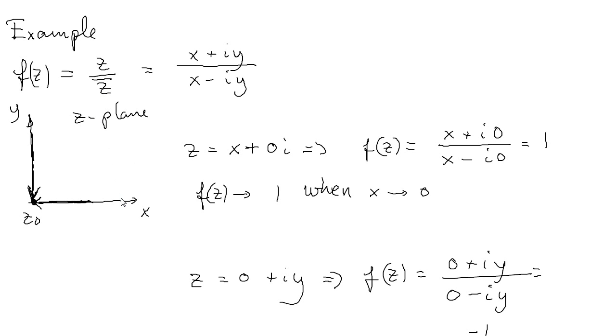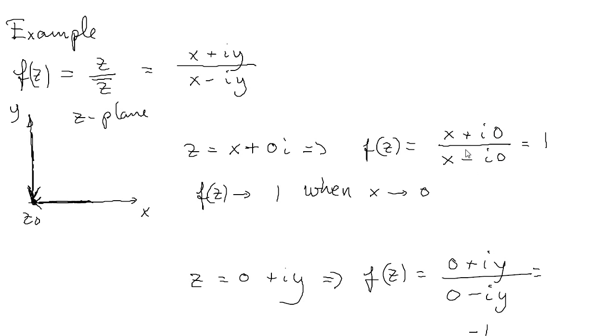If we are approaching z0, which in this case is assumed to be 0, along the horizontal line, which is described by the values z equal to x plus 0i, then we see that along this line f of z is equal to x plus i0 over x minus i0.